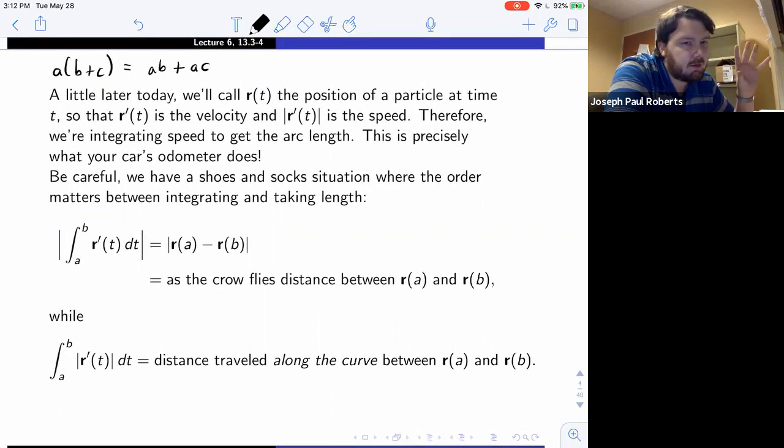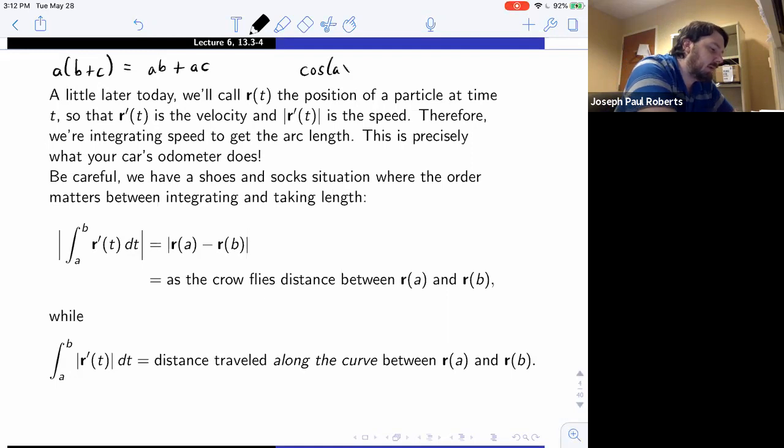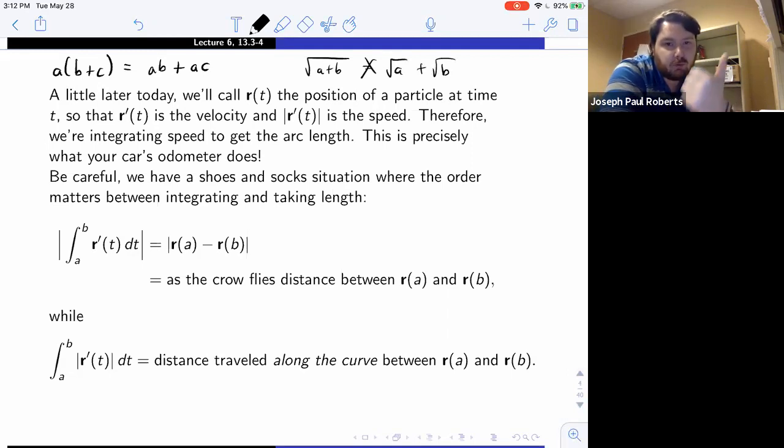But not everything is like that. Let's just do it with square roots. Square root of a plus b absolutely is not square root of a plus square root of b. The order in which you apply the square root and the order in which you do the addition matters.